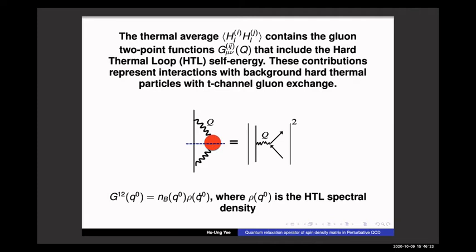Okay, and this Hadamard spectral density has been known and used for decades, and we are just using those results in our computation.